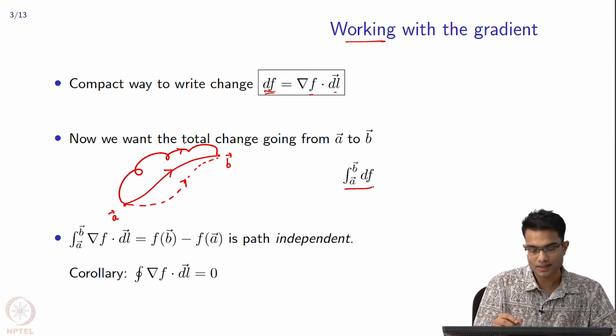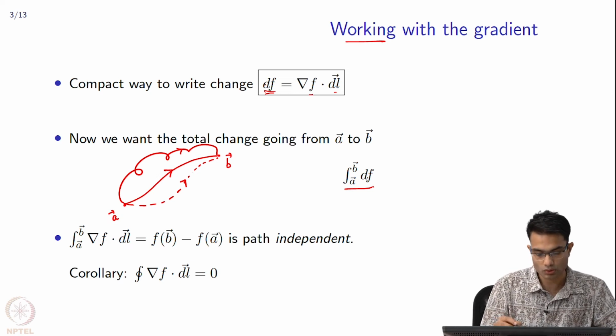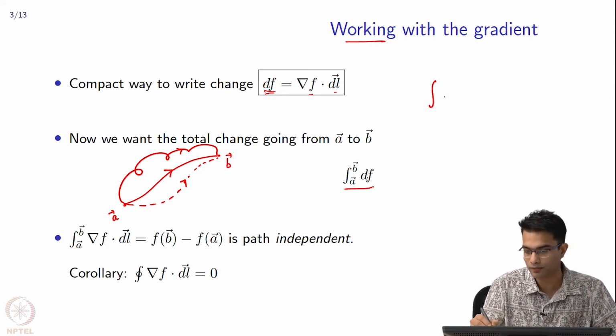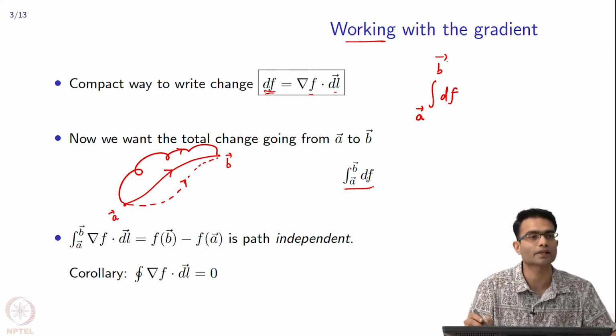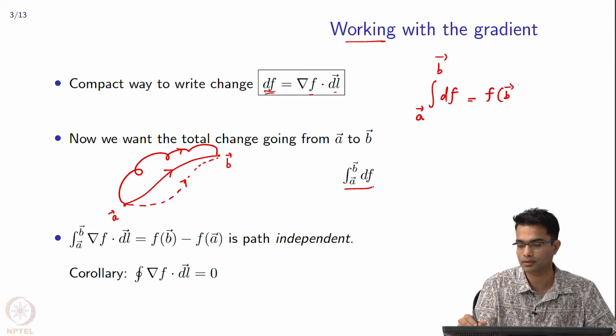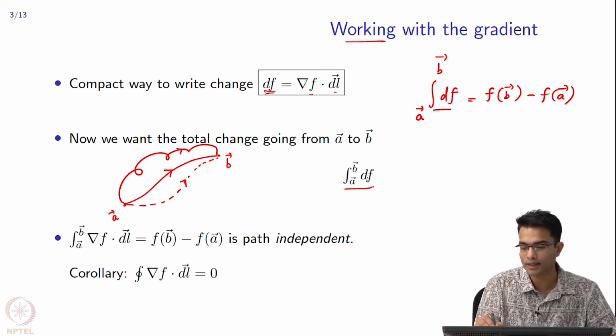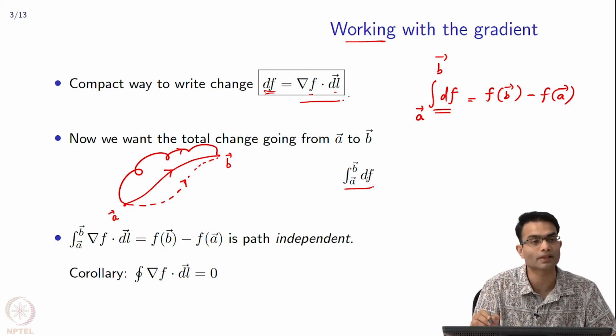So, what you can see is that when I start integrating this df, right. So, I know that if I just write integral of df from a to b, right, if you did not know anything else, you would simply write this as the value of the function fb minus fa, right. But now we also have a nice identity for df, which is in terms of the gradient, right.